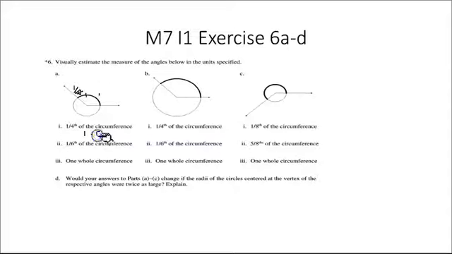If we were to use 1/6 of the circumference, well, let me just erase these. There we go. All right, so now if we're going to use 1/6 of the circumference, that would be 1/6 of a circle.